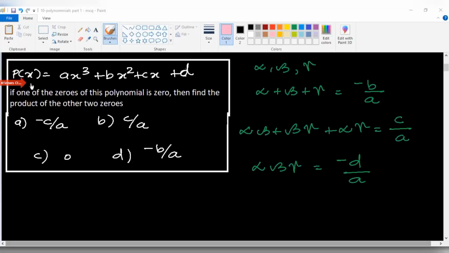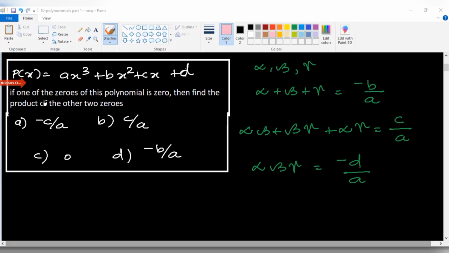In the next question, p of x is given as a cubic polynomial x cubed plus bx squared plus cx plus d. If one of the zeros of this polynomial is 0, then find the product of the other two zeros. We know there are 3 zeros of the polynomial, because this is a cubic polynomial, and normally we term them as alpha, beta, and gamma.